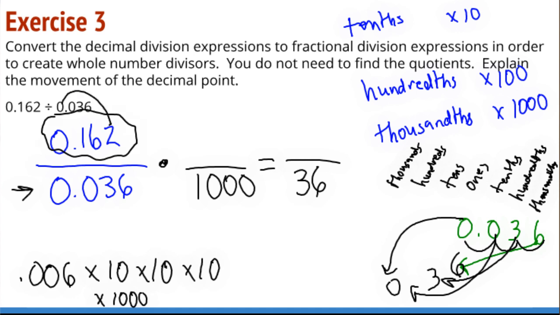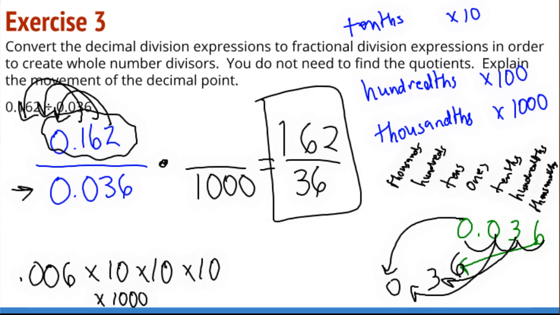The 2 is going to move to the ones place. The 6 will move to the tens place. And the 1 will move to the hundreds place. And I've already done the explanation. I've multiplied each of these by 1,000, so that everything has been increased in value 1,000 times.